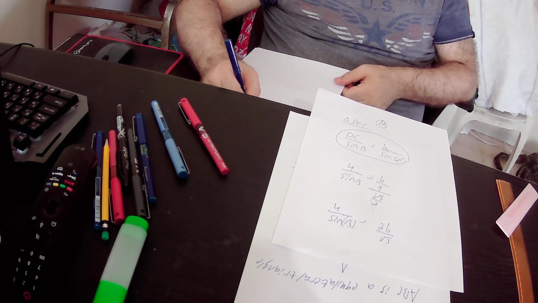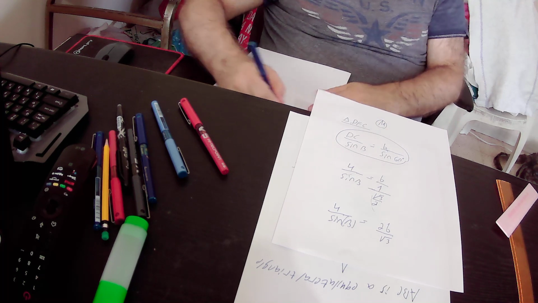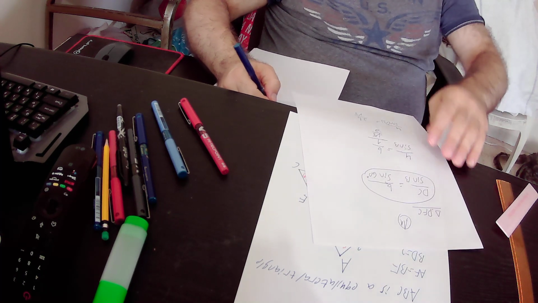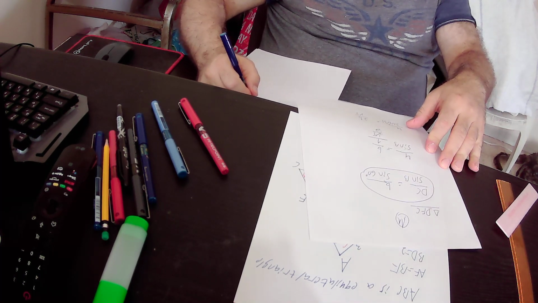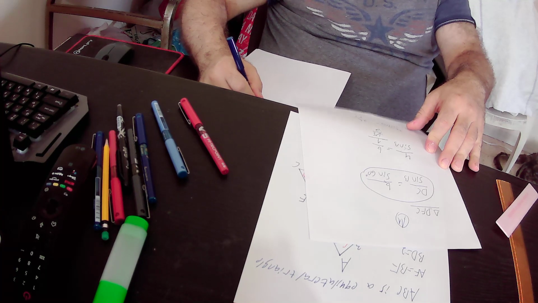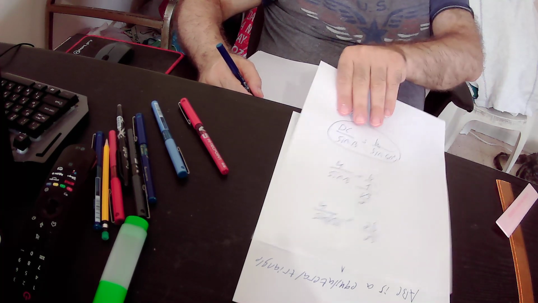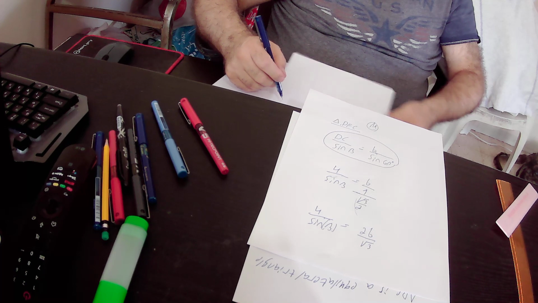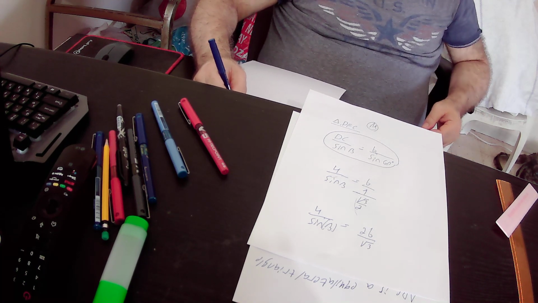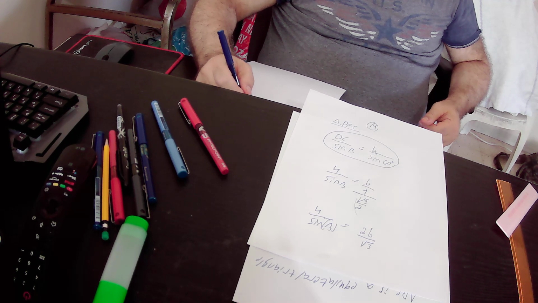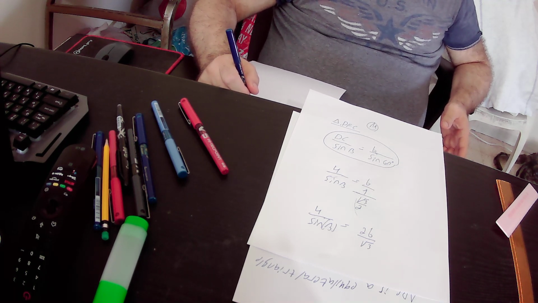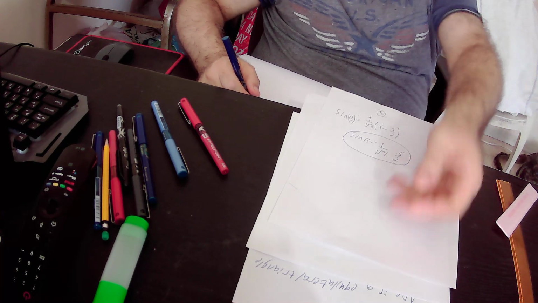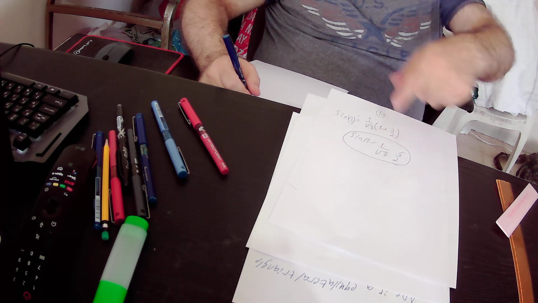We want to find out the value of b. We know that the value of sinus beta is 5 over root 7 times 2.